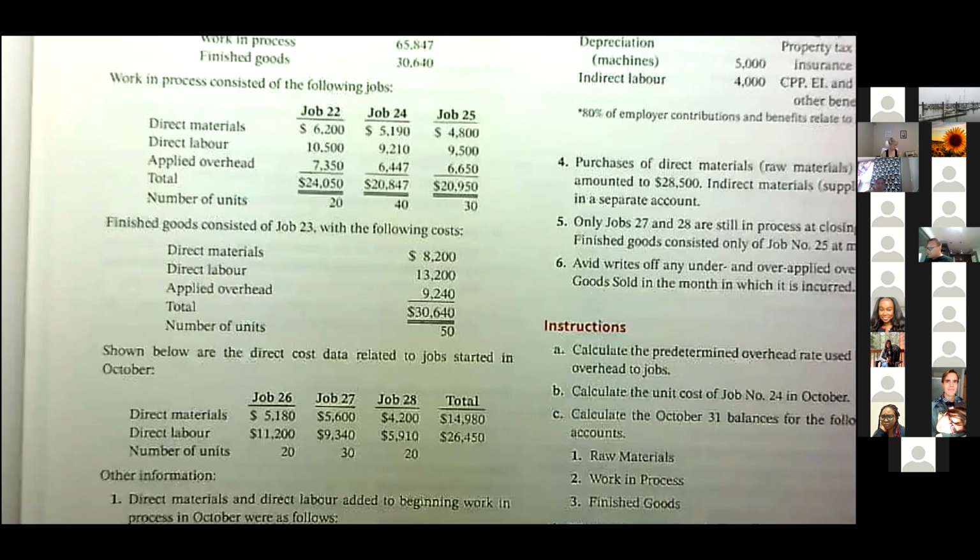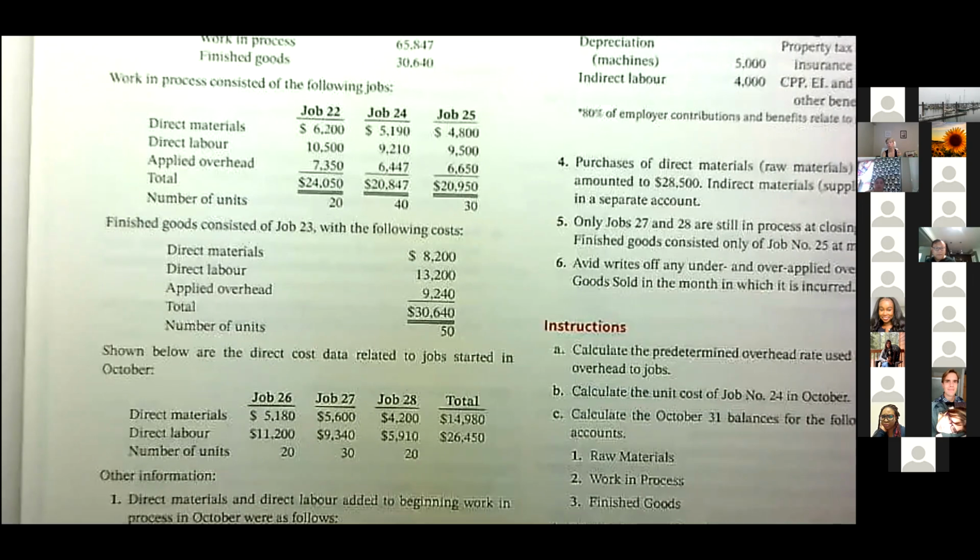Okay, so that's the first one. I just have a quick question. Is it always the same or is it just this question? Like the 70%? No matter what job you use, it's 70%? In this question, we use the same rate for all the jobs. Is that normal though?